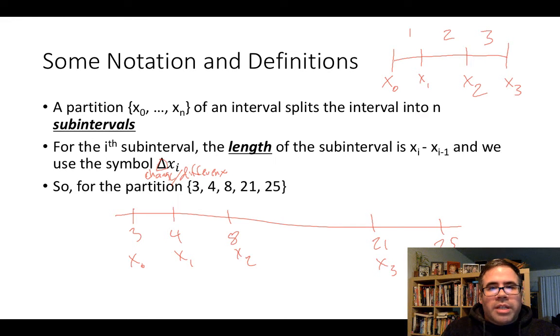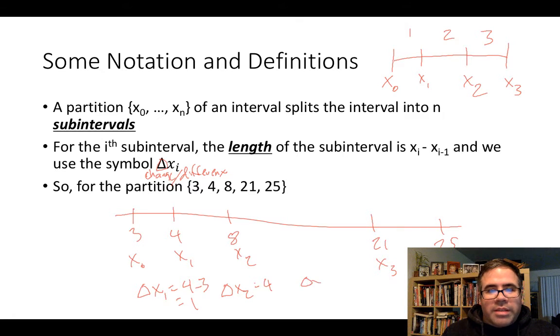So when we're looking at the lengths of the subintervals, our delta x1 is going to be x1, which is 4, minus x sub 0, which is 3. That's just going to be equal to 1. Similarly, our delta x2 is going to be 8 minus 4, which is 4.